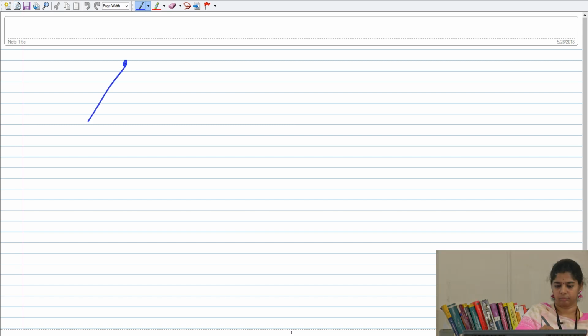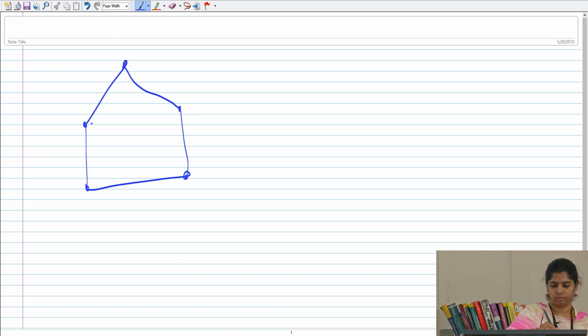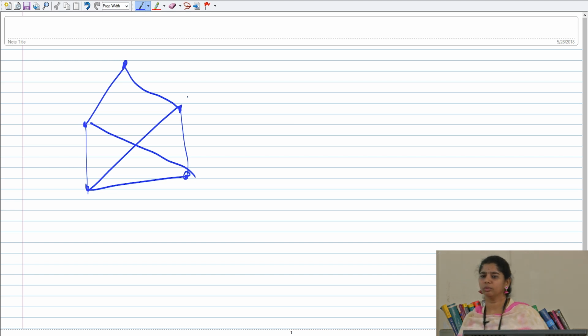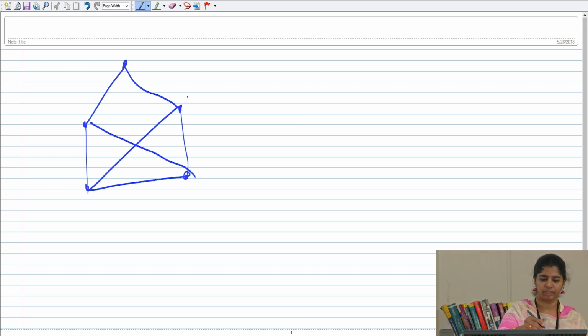So when are two edges adjacent? When they have a common vertex, right? So how many colors do we require? This is one famous graph we always have.